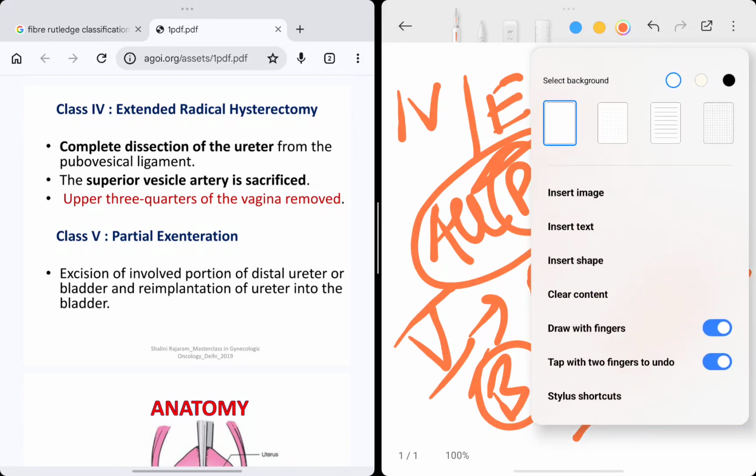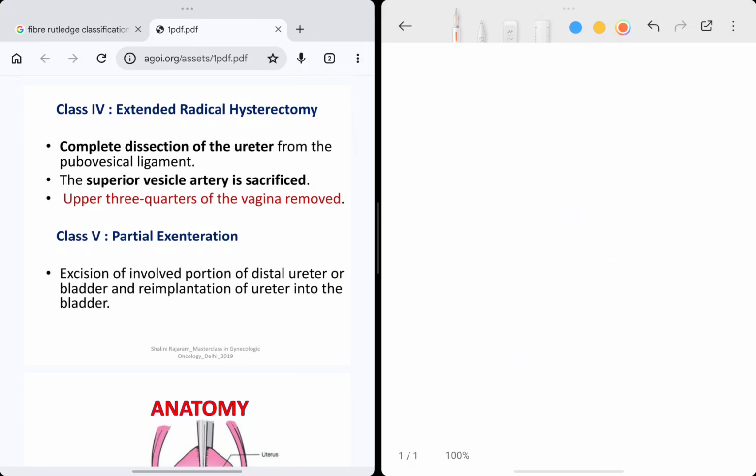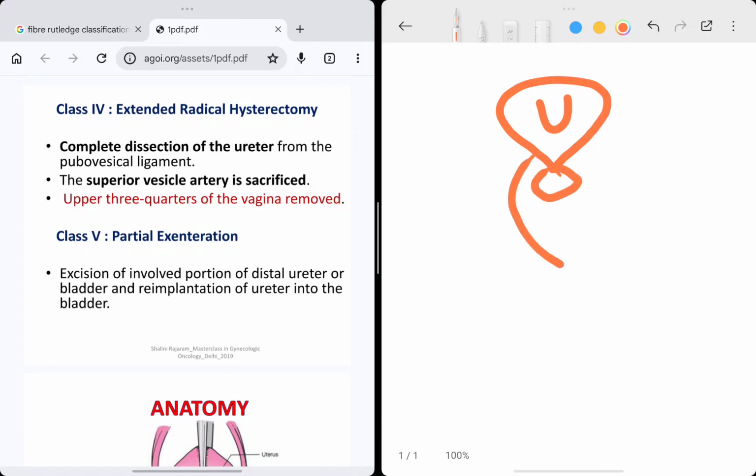We can also depict this with the help of the diagram. So if you consider this the uterus, this is the cervix, and this is the vagina.